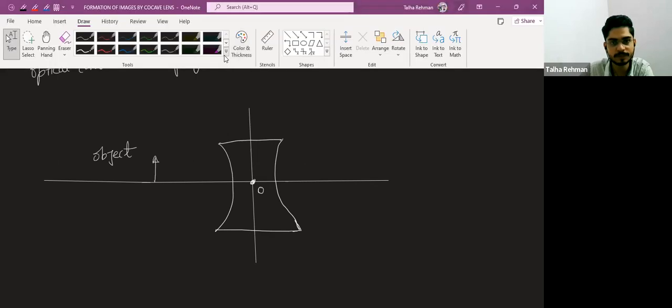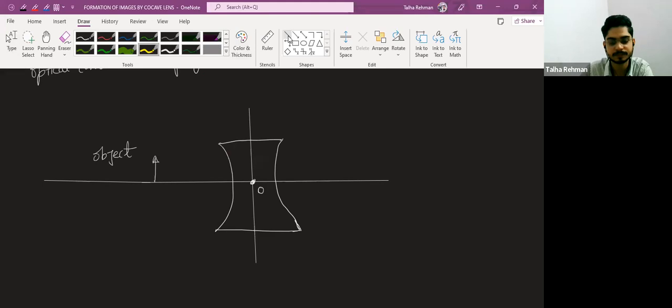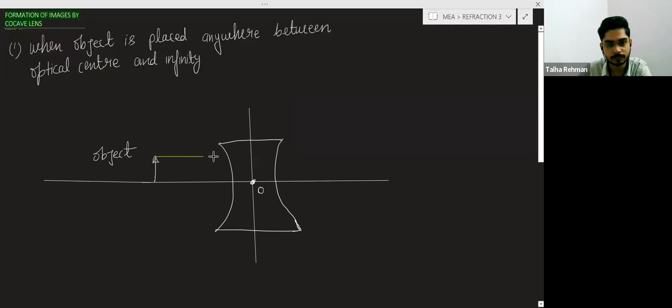So the first ray from the object will be like this. This is the first ray from the object, and this ray is parallel to the principal axis.